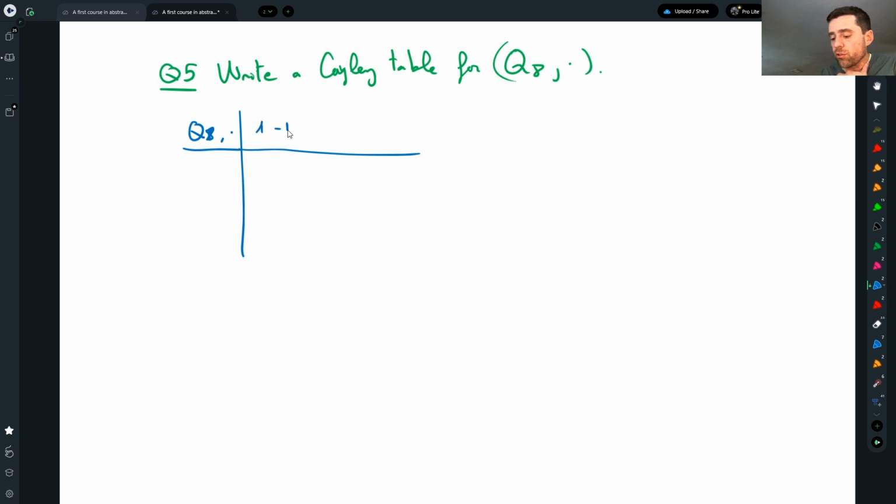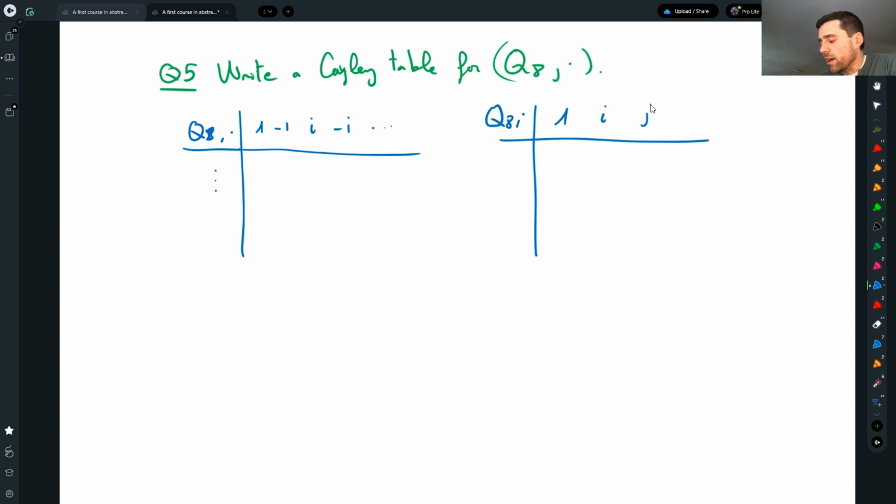There's 1 and minus 1 and i and minus i, etc. I'm not going to write the minus signs because how minus 1 operates is very easy. So let me do an abbreviated table of Q8 under multiplication, but I'm just going to write how i, j, and k behave essentially, instead of writing every possible multiplication out.